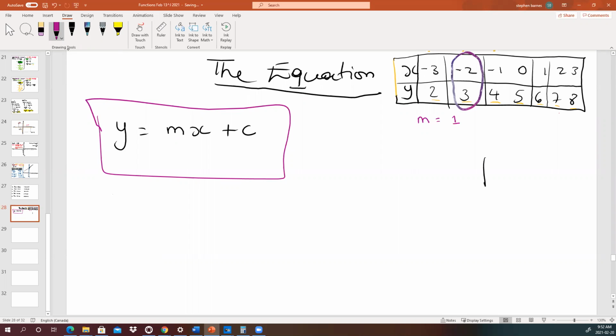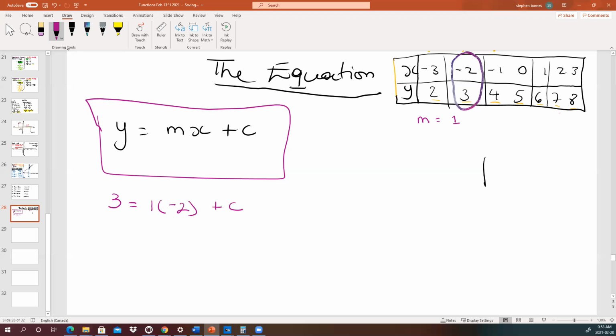This equation would work: 3 equals m, which is 1, times x, which the corresponding x value is -2, plus c here, right?